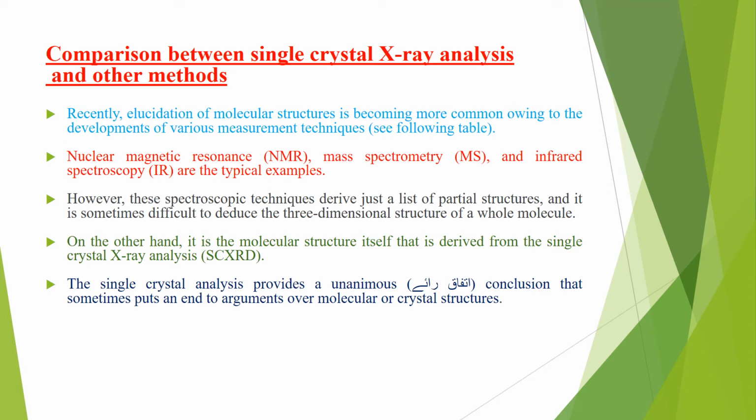Nuclear magnetic resonance, NMR, mass spectrometry, MS, and infrared spectroscopy, IR, are the typical examples which are used to elucidate molecular structure. These techniques are also being used relative to X-ray analysis.